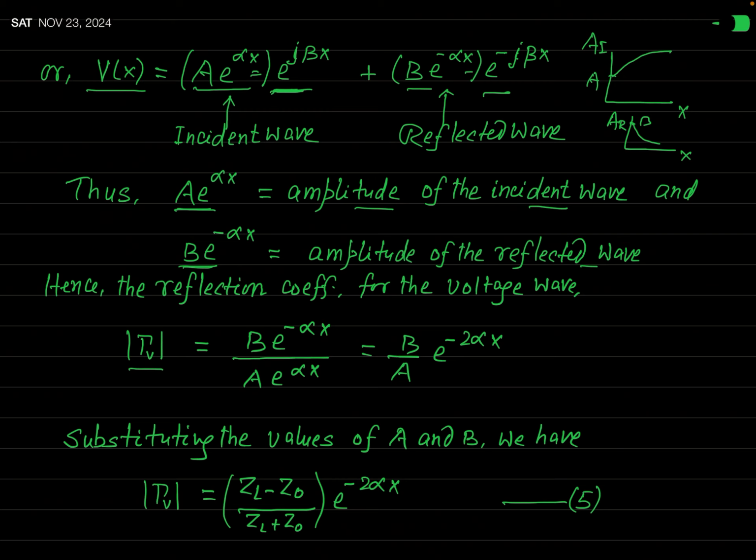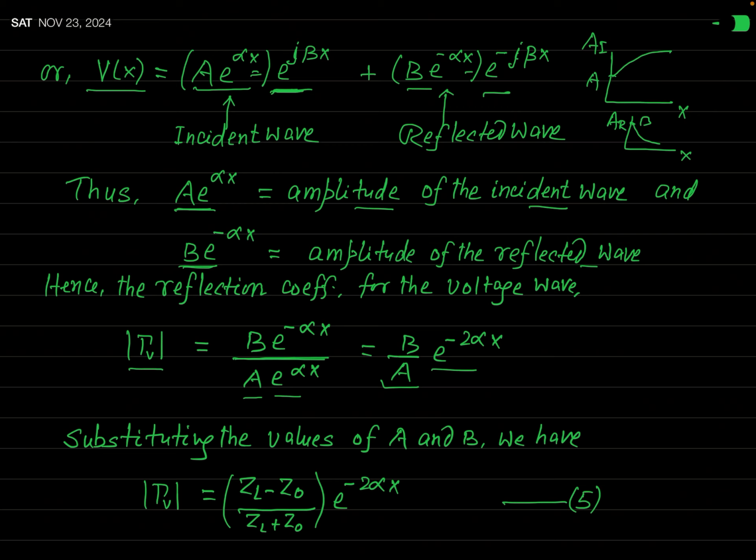You know the amplitude of the reflected wave is B times e to the power minus alpha x, and the amplitude of the incident wave is A times e to the power alpha x. So this will simply be B over A times e to the power minus 2 alpha x.